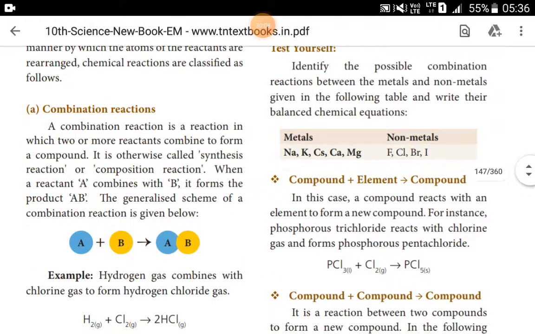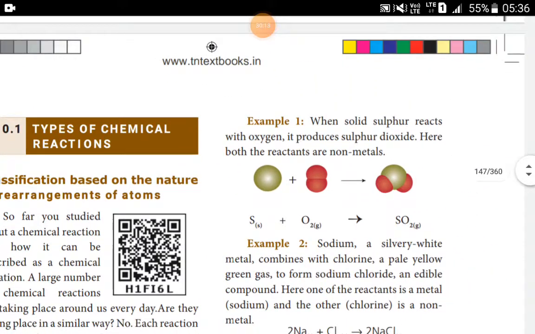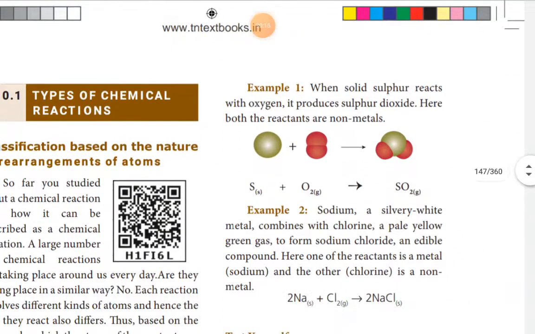For example, see, when solid sulfur reacts with oxygen, it produces sulfur dioxide. Here both the reactants are non-metals. Sulfur is a non-metal, oxygen also a non-metal, and the product sulfur dioxide also a non-metal. See, solid sulfur, S, is the formula of sulfur, and that subscript s denotes that it is a solid substance.